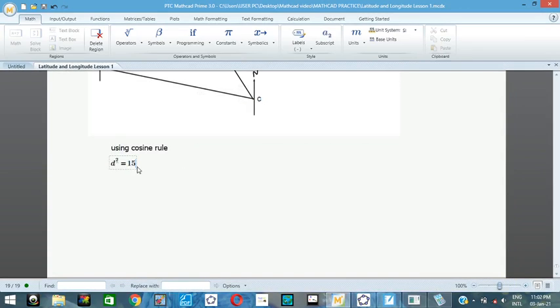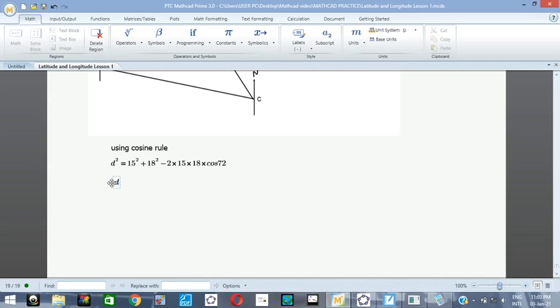So which is 15 square plus 18 square minus 2 times 15 times 18 times cos 72 degrees. So that is it. So all you need to do now is just to simplify with your calculator and you are okay.